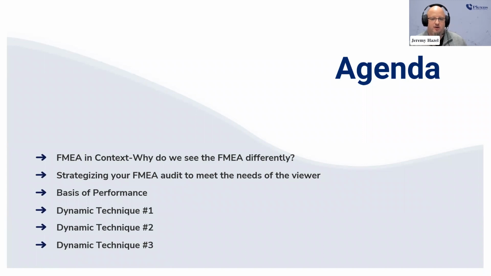The second thing is we're going to look at the strategies of the FMEA to meet the needs of that viewer. And lastly, we're going to look at the great unifier, what I'm going to call performance. These first 3 areas are 100% getting the context right in order to move into the next realm.